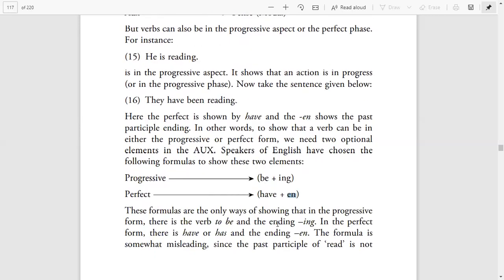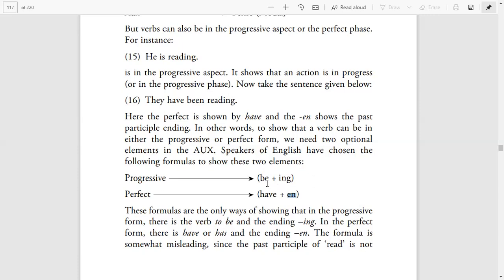These formulas are the only ways of showing that in the progressive form there is the verb to be and the ending ing. So wherever you have the progressive form, you will have the verb to be, right? And the ending ing. Yes, you will write the progressive in this form, to be plus ing.